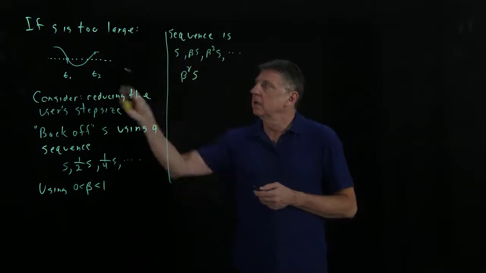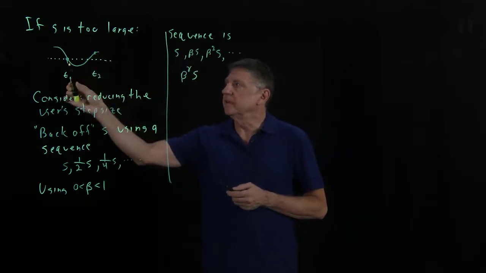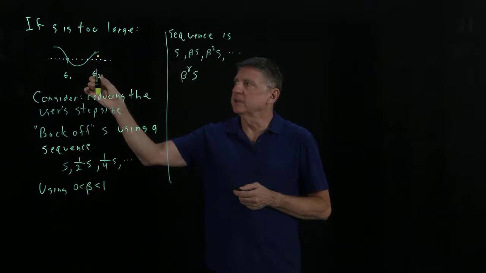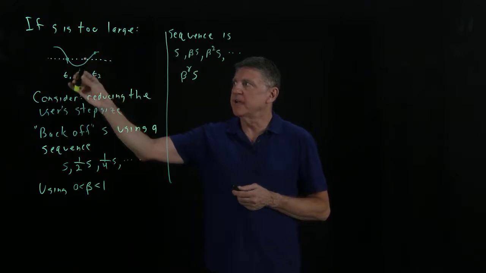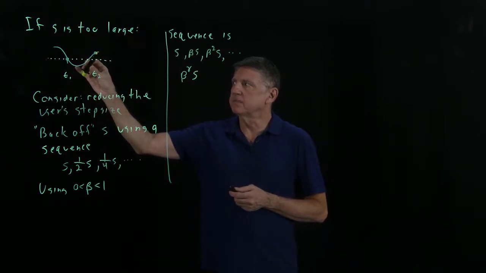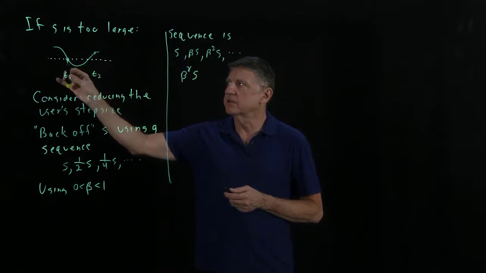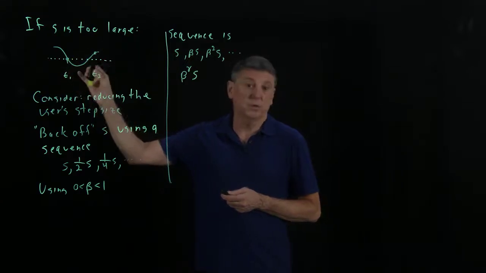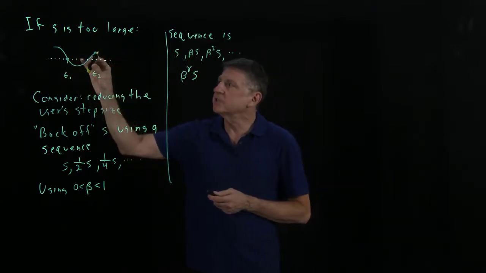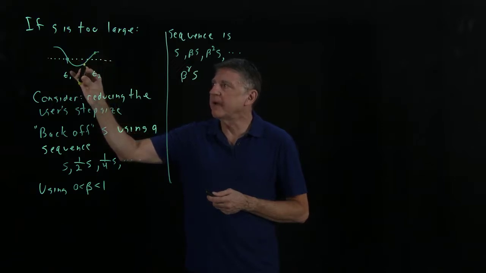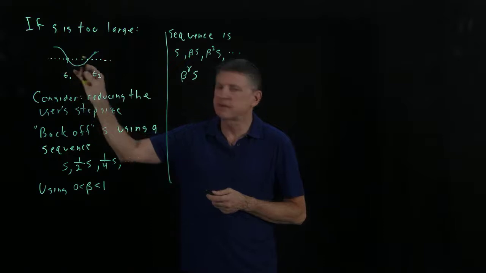So this would give us a way to back off S, an exponential back off. If the initial S was too large, we would say the function value here is greater than the function value here, so we don't want that. Let's try going halfway. If we went halfway, we would see that the function value here is less than the function value there.